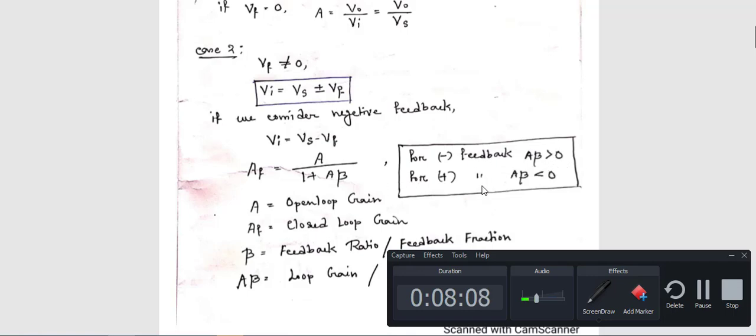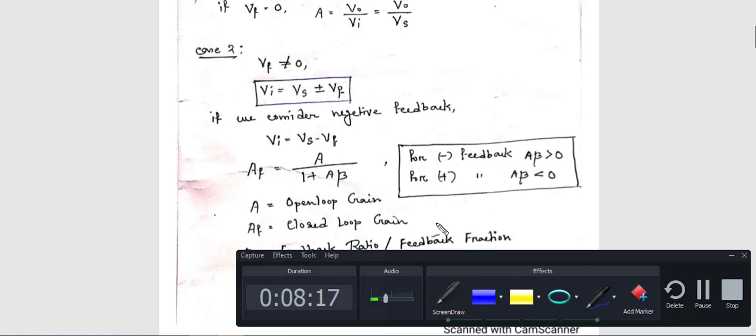Now if your feedback is positive, the expression changes: it becomes 1 minus A beta. The condition for positive feedback is A beta less than 0. Suppose A beta is plus 4, which is greater than 0. Then 1 minus 4 is minus 3, so the gain becomes negative.